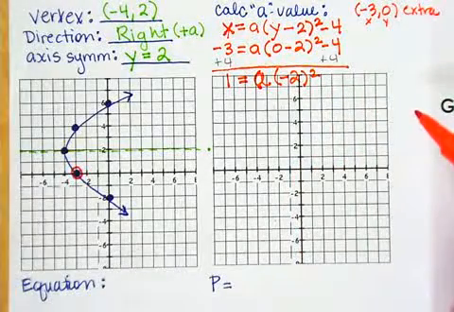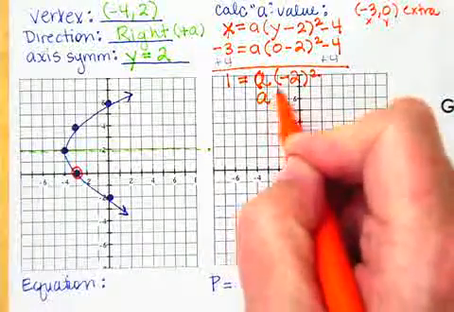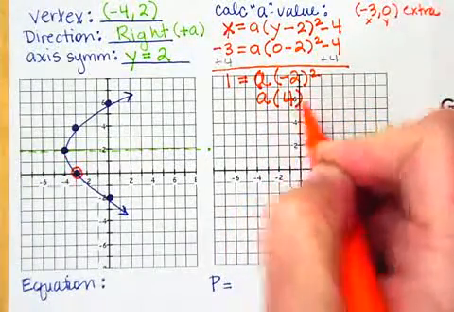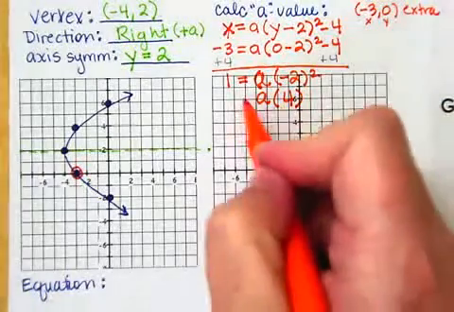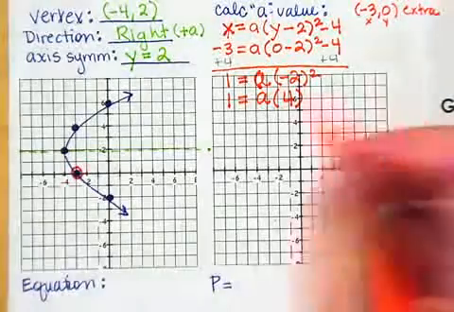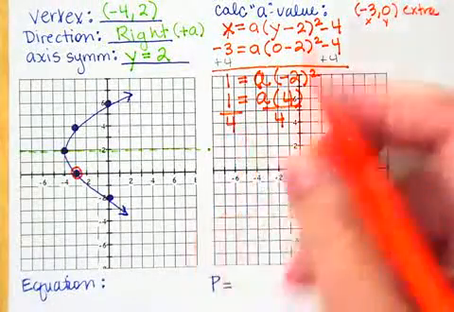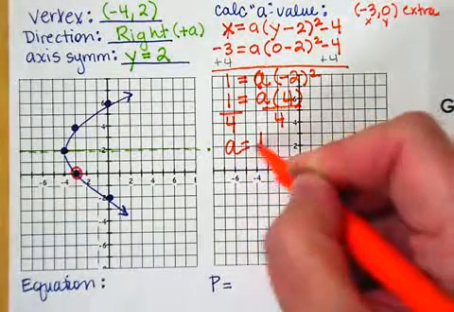But -2 squared, even though it's negative, negative times negative is a positive, so this actually becomes 4a, or a times 4 equals 1. And then to get a by itself, I'm going to divide by 4. So a equals 1/4.